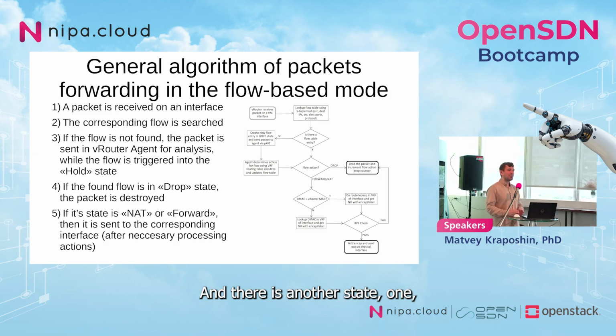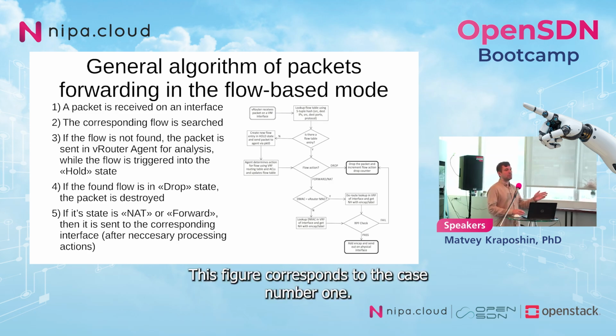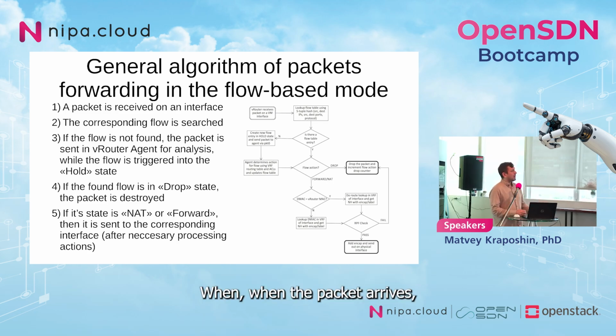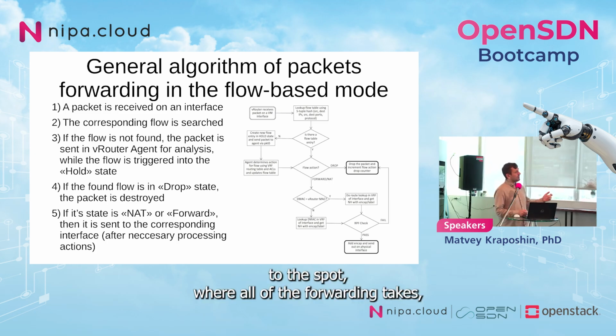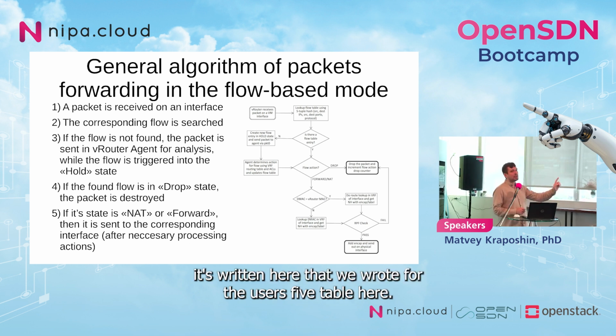And there is another state when each virtual machine resides on its own hypervisor. This figure corresponds to case number one. When a packet arrives to ingress port, router forwarder takes its header, and it's written here that the router forwarder uses 5-tuple hash.